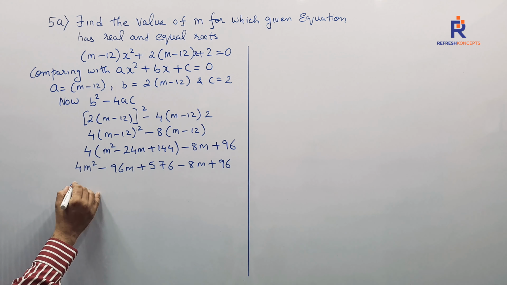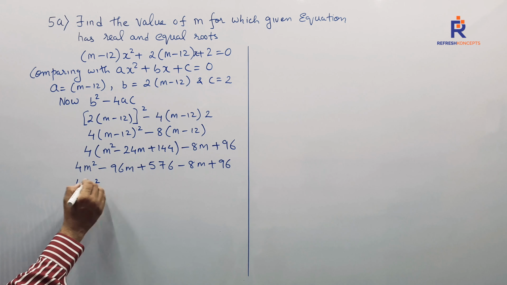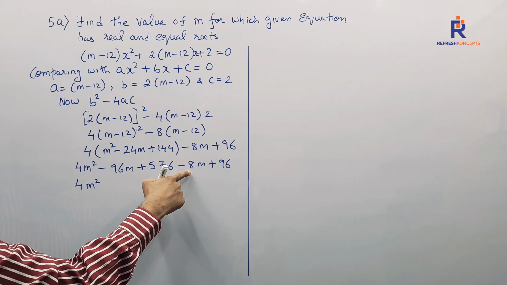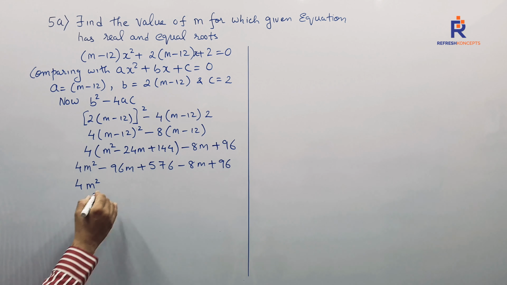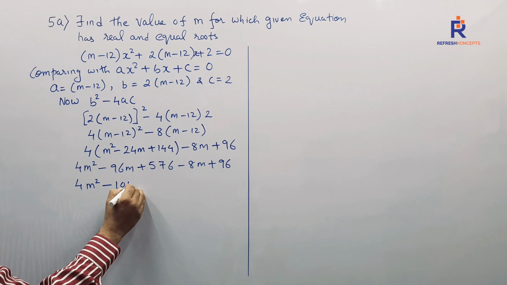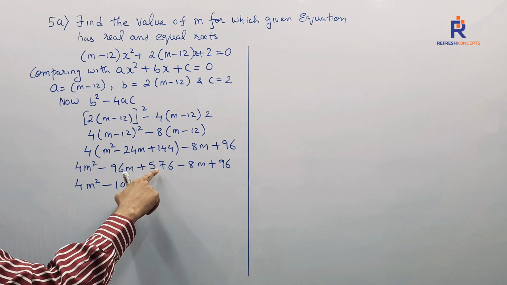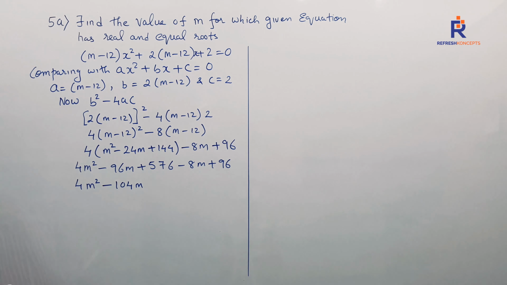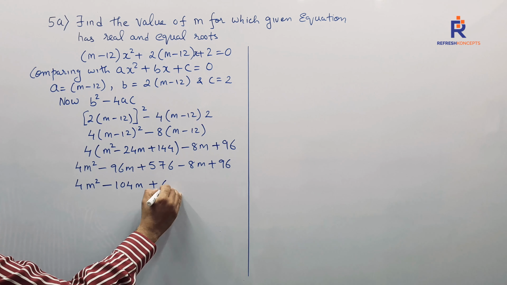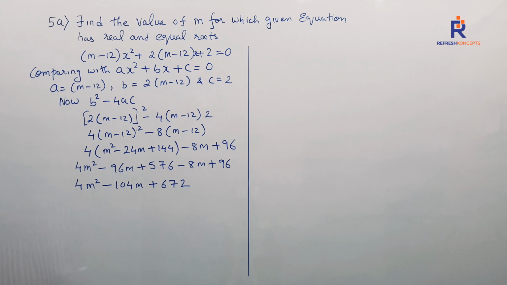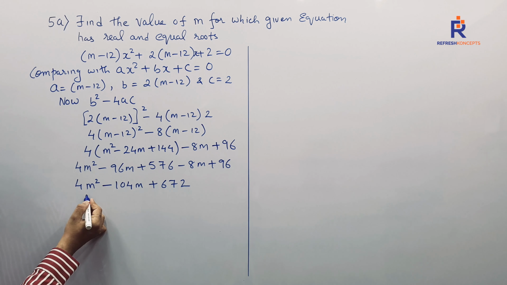We further take it as 4m square minus 96m minus 8m, that is minus 104m, and 576 plus 96 is 672. Can I just remove 4 common?